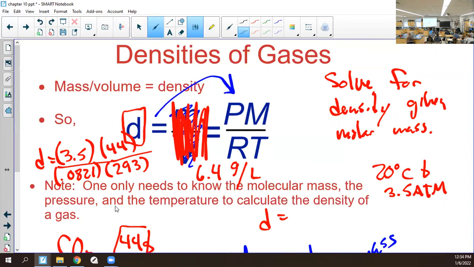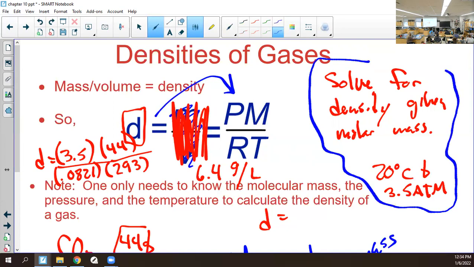So obviously I had a practice problem last year. Solve for the density given the molar mass of something, and I did CO2. We have 20 degrees Celsius and 3.5 atm. I have it on the screen already, but you would just plug it in. I would take my pressure, which would be given, and that would go here. I would find the molar mass by adding the parts.